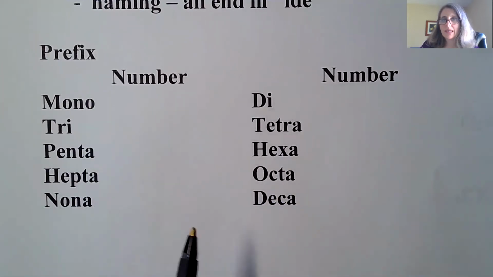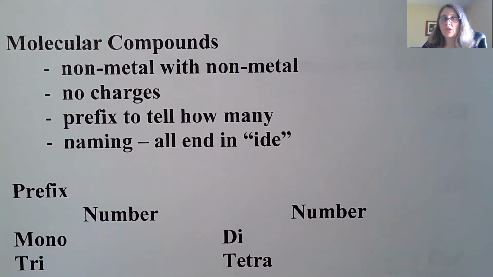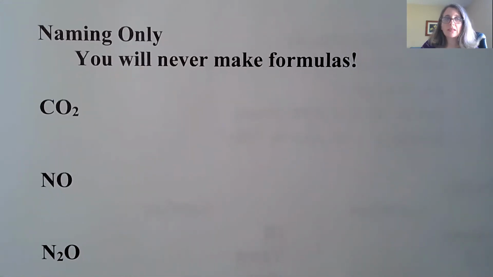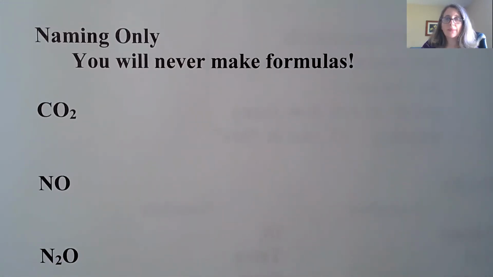Reason I'm pointing this out is there are a couple molecular compounds that we do run into in some of these word equations. And so I just want to give you a heads up. So when you are doing these, you are not necessarily making them yet. We're going to talk about them in second semester.